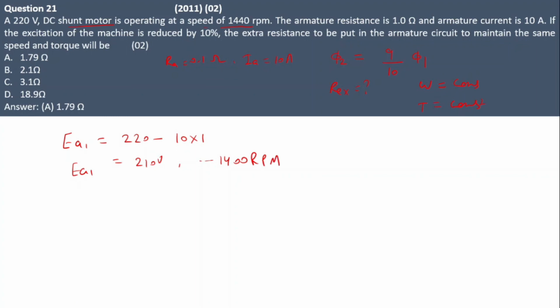Speed is constant, so you can say Ea1 divided by Ea2 equals K phi1 by K phi2, because speed is constant, so N1 and N2 cancel out, both are the same.